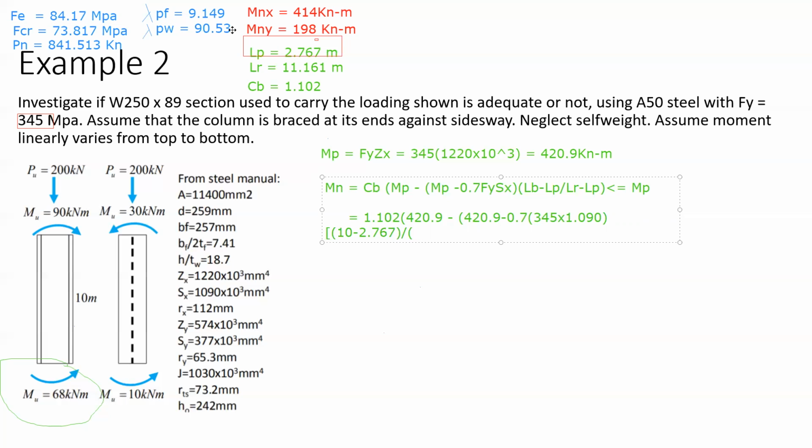LR, yung sinolve natin, 11.161. So, this is also your LR. So, yun. And then, minus the value of LP, which is 2.767. So, and we multiply everything. What is the value of MN?